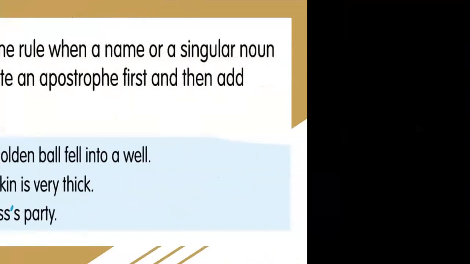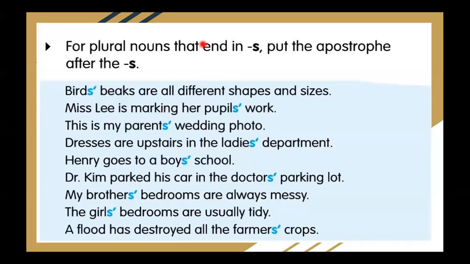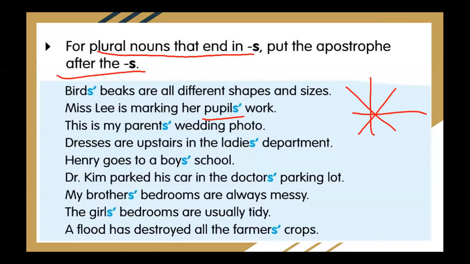But only in one case, plural nouns that end in s, keep this in your mind. Only in case of plural nouns that end in s, we put the apostrophe after the s. In each other case we added apostrophe and s, so we put the apostrophe before the s.